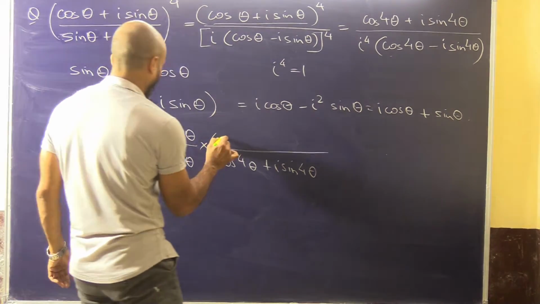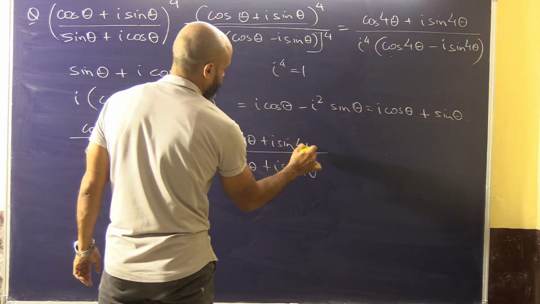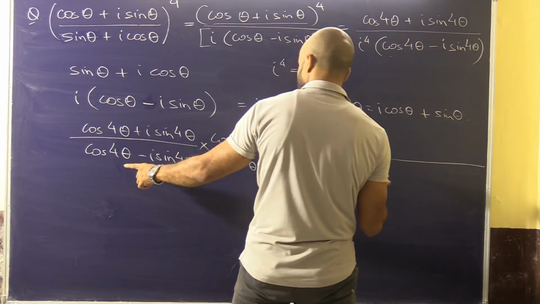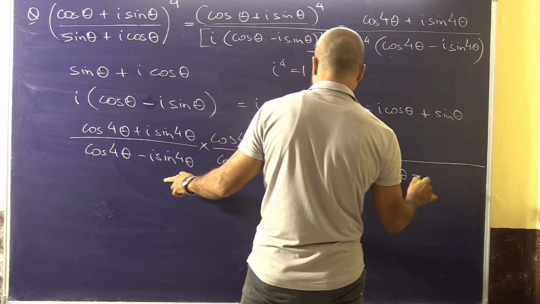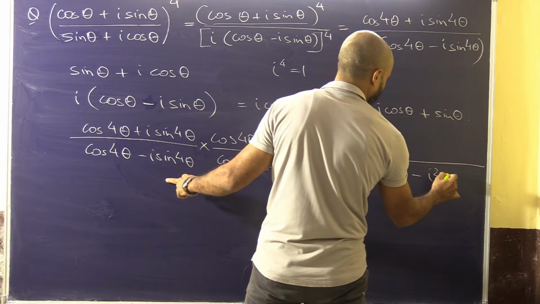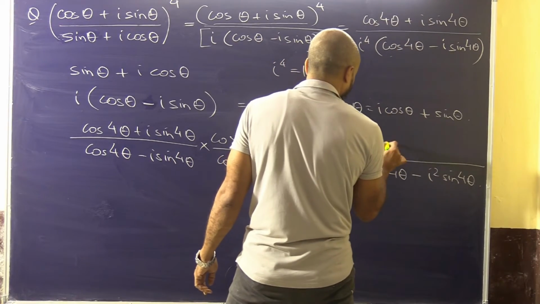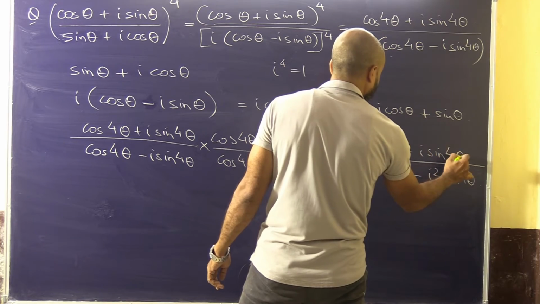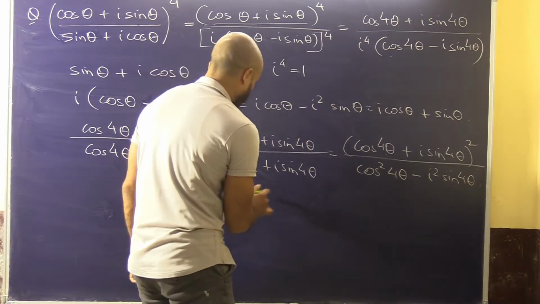This will have cos 4 theta plus i sin 4 theta multiplied by this. So we have here cos square 4 theta minus i square sin square 4 theta in the denominator, and in the numerator cos 4 theta plus i sin 4 theta whole square.